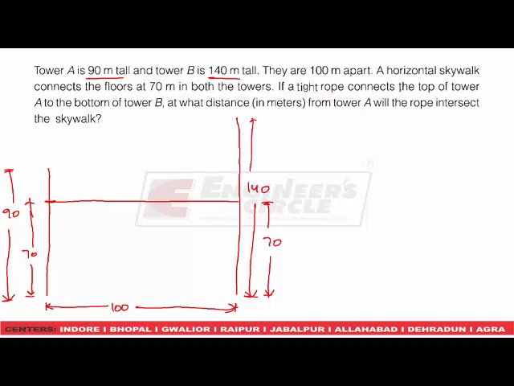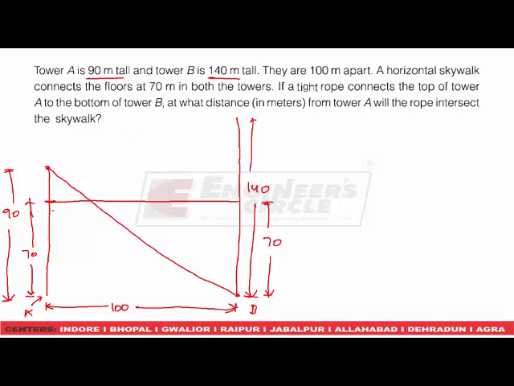If a tight rope connects the top of tower A to the bottom of tower B, at what distance in meter from tower A does the rope intersect the skywalk?